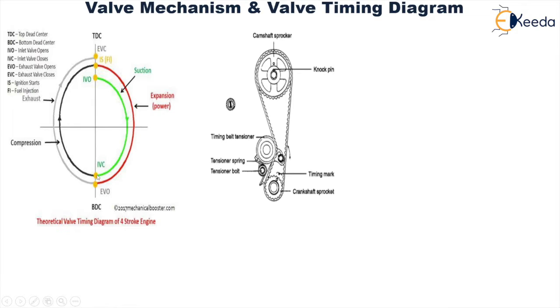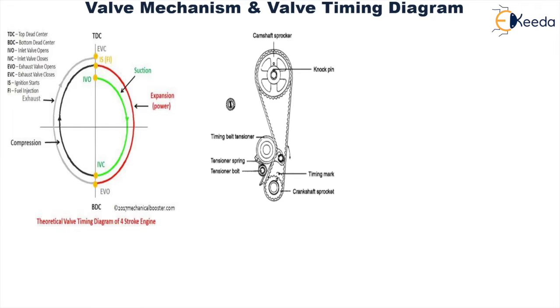Now comes the tricky part. The inlet valve is opening at 0 degrees. Rather than saying it is opening at 0 degrees, we should say that it starts to open at 0 degrees. Why does it start to open? Why is it not open? Because these mechanical elements have inertia and friction between themselves.